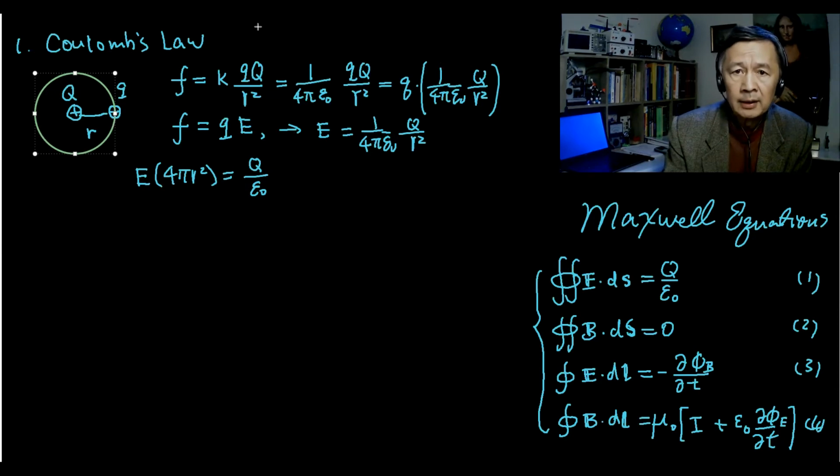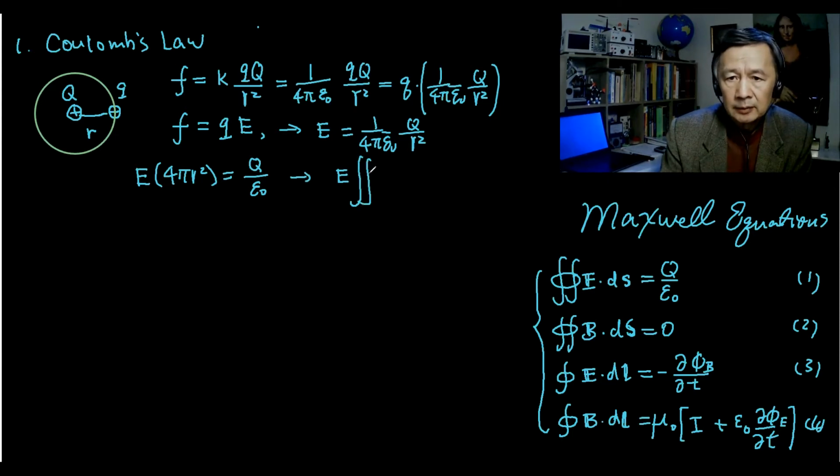So 4 pi R squared would be the area of this sphere. This equation can be rewritten as E times the area of this sphere. Because in this case the magnitude of the electric field is constant, we can rewrite it in this form.